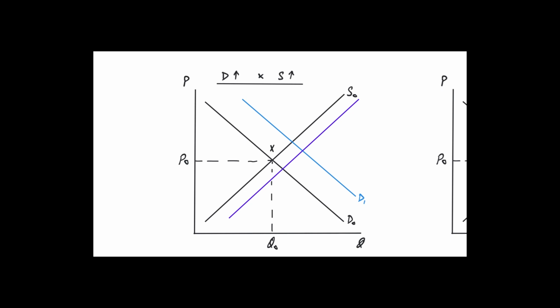If I bring about an equal shift, somewhere around here, the price remains at the same line, the quantity is increasing. However, if I shift the supply curve too much to the right, the price ends up going below the equilibrium and the quantity is still increasing.